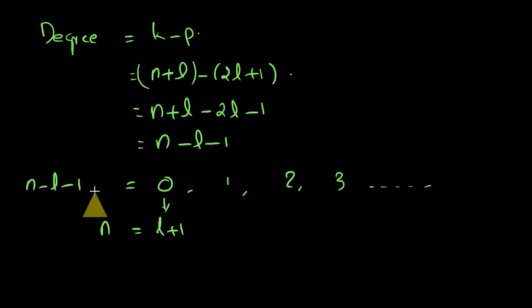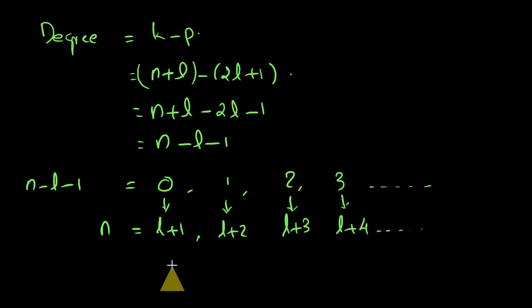When N minus L minus 1 is equal to 1, N is equal to L plus 2. And when N minus L minus 1 is equal to 2, N is equal to L plus 3. And in this case, it is L plus 4, etc. So these are the possible values of N. N value should be L plus 1, L plus 2, L plus 3, L plus 4, etc. Where L can have any allowed value.